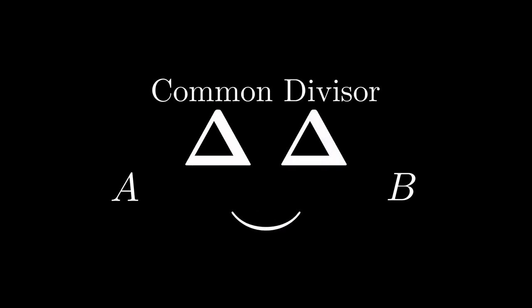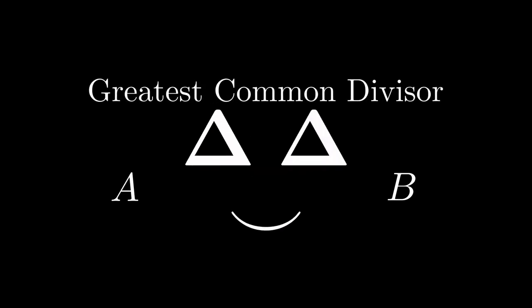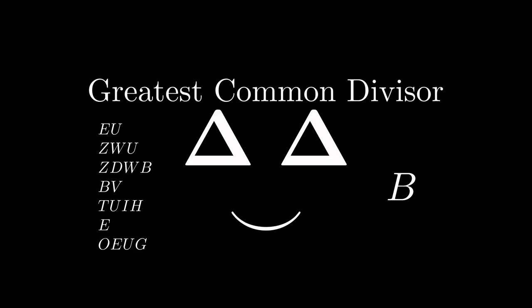For example, every positive even number has 2 as a common divisor because 2 divides all positive even integers evenly. What we're interested in is calculating the greatest common divisor between two numbers a and b. This number comes up all the time in cryptography and when calculating cycles.